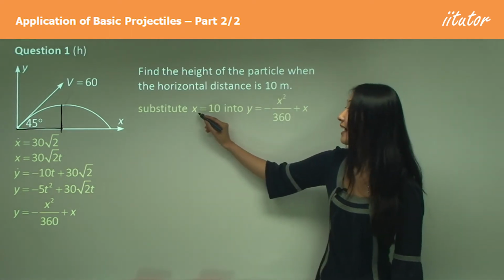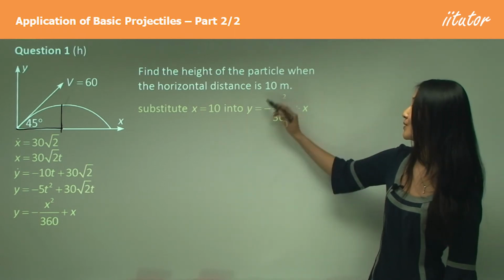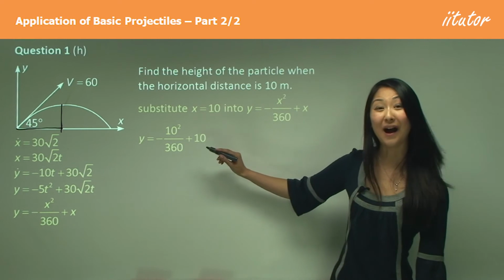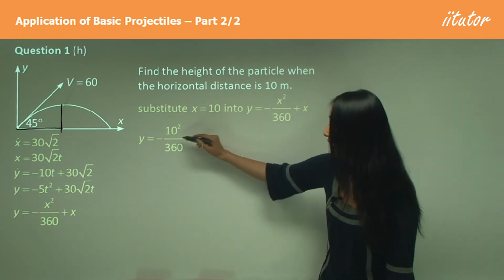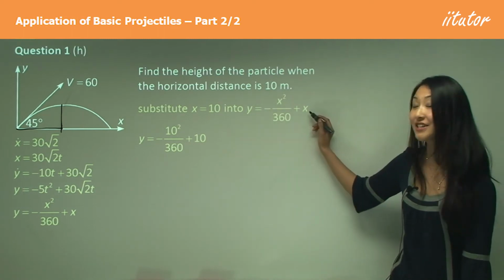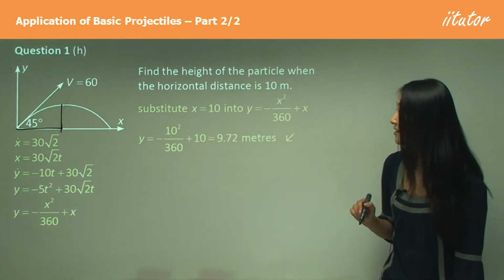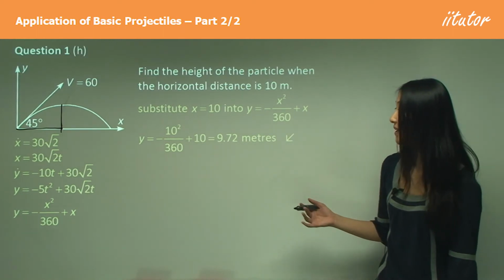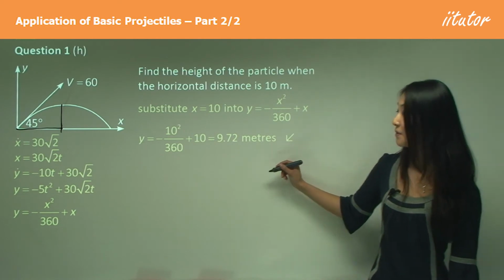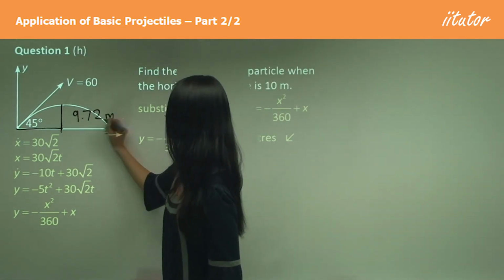Substituting the horizontal displacement, x equals 10, into the trajectory equation, literally just substituting, you get y equals negative 10² on 360 plus 10. Putting that into your calculator, you get approximately 9.72 meters, which means that this here is 9.72 meters.